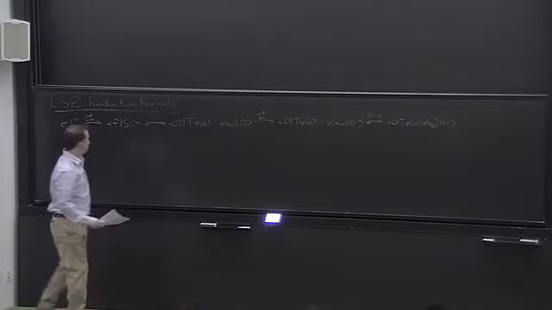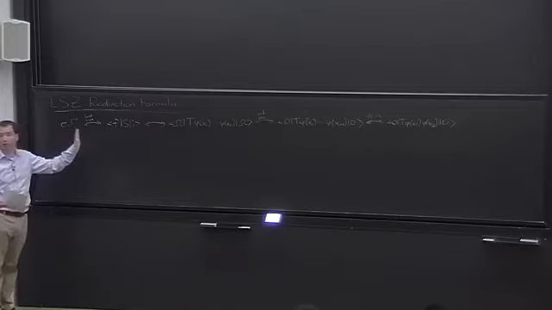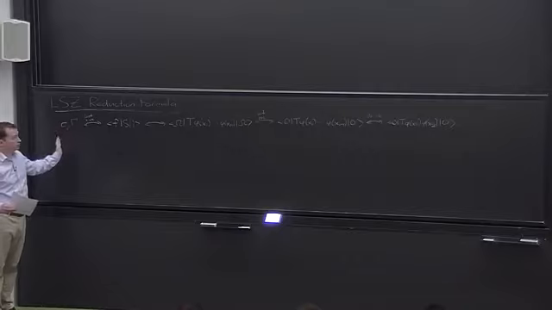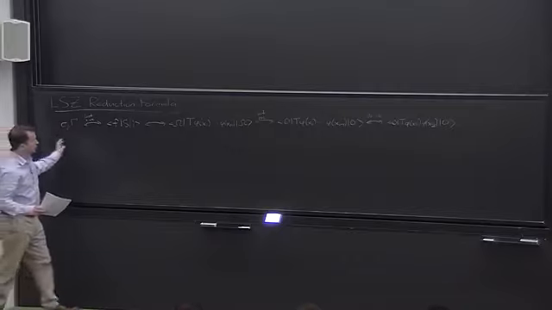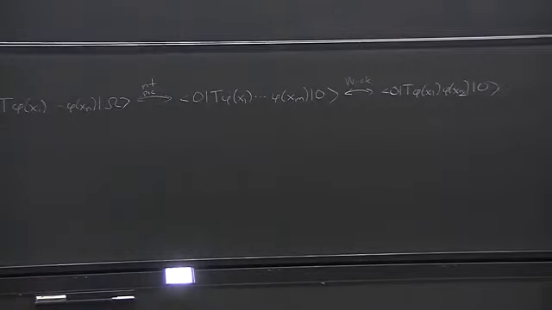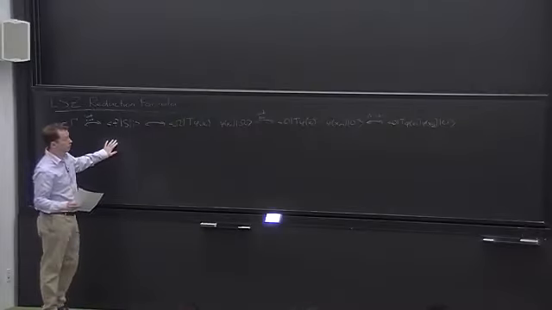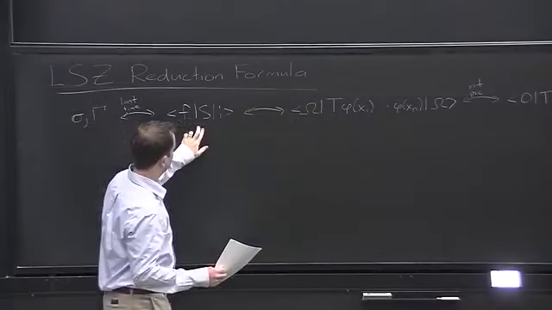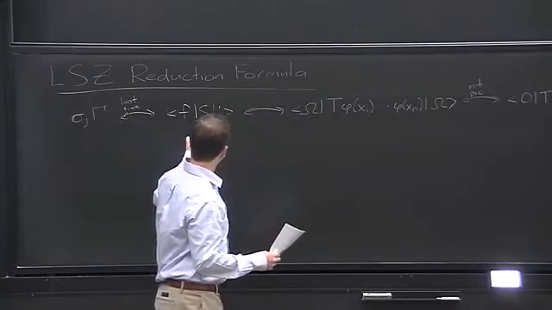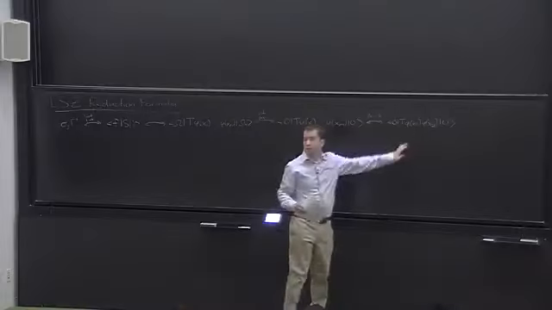So I gave this outline before. I'll do it again. It's important to keep in mind where we're going in this calculation. It's a rather long calculation, but as we'll see once we go through it, there are shortcuts we can make to directly relate these matrix elements to these propagators.